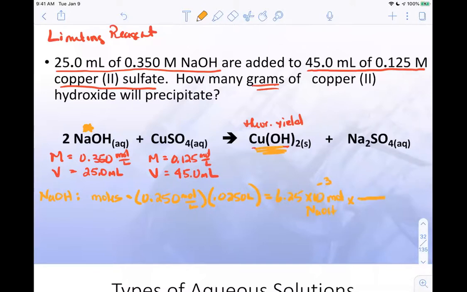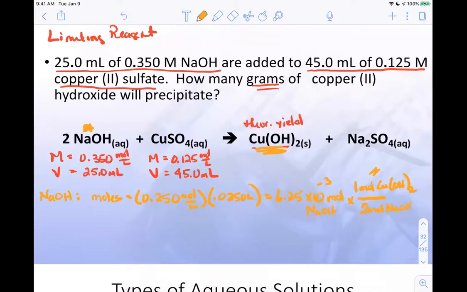Well, using the mole ratio, for every 2 moles of NaOH, I make 1 mole of copper hydroxide. So if I do this part of the equation, I divide by 2.